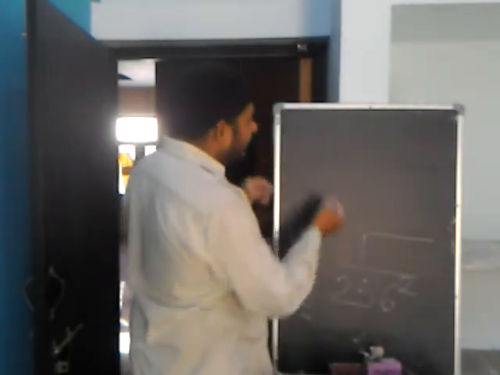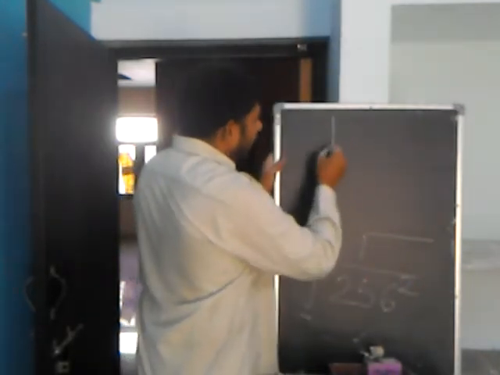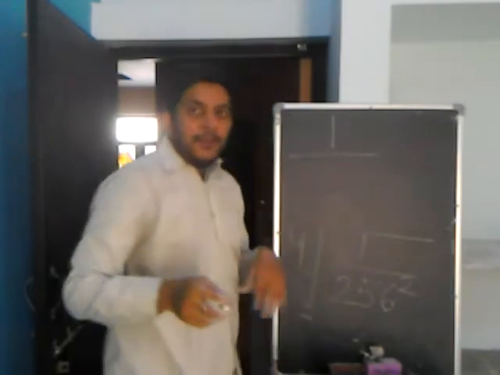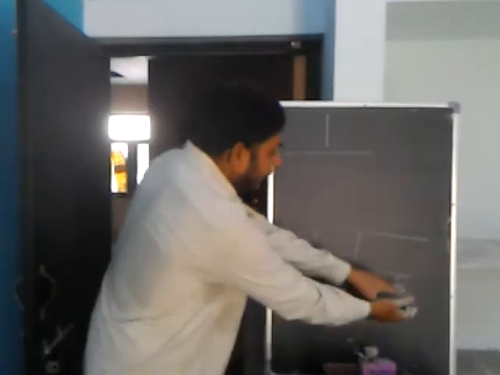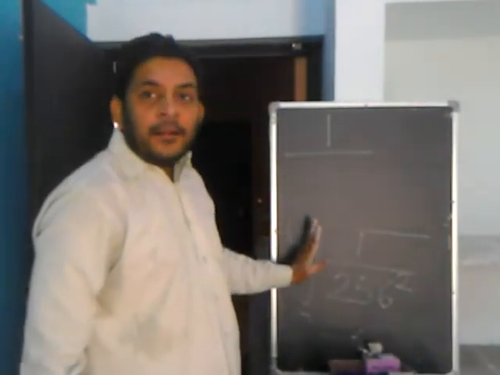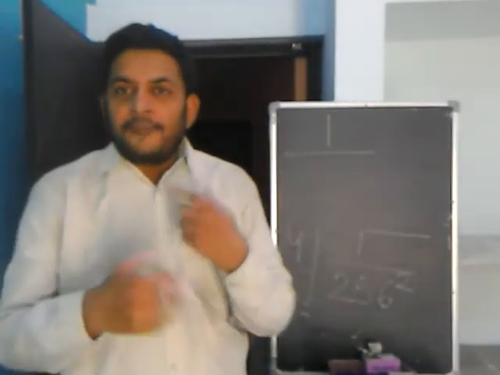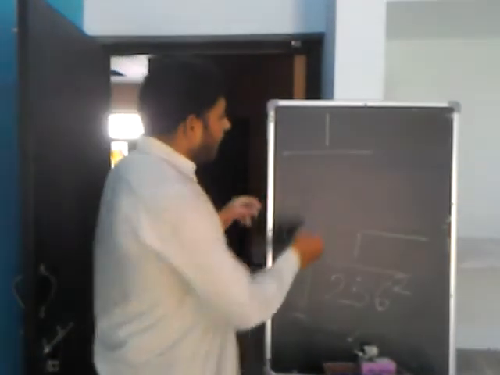Now here is one power just out of it, and this is another power. When I have to write power on power, because this is the first power, this is directly on this number, and this is the second power. So it is power on power. We have solved some questions of power on power in class 8. Here is again power on power.